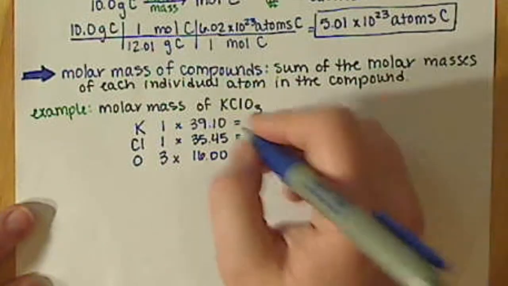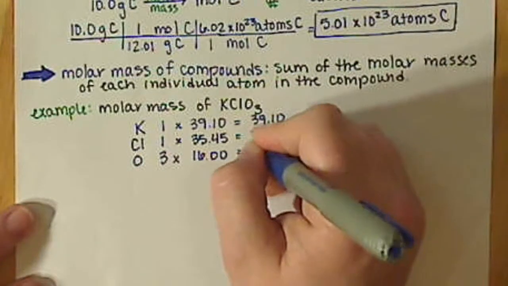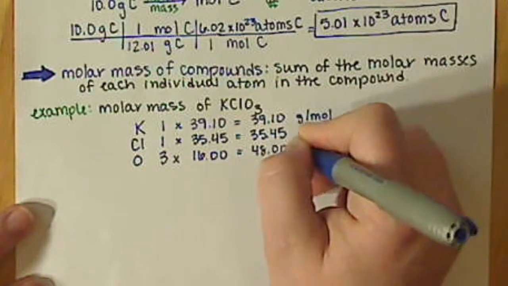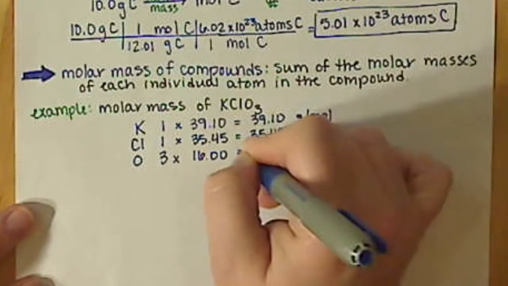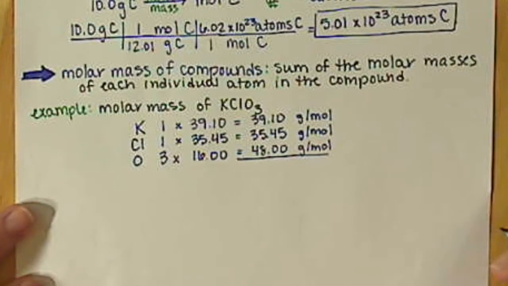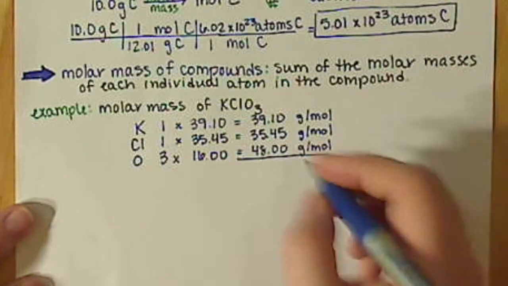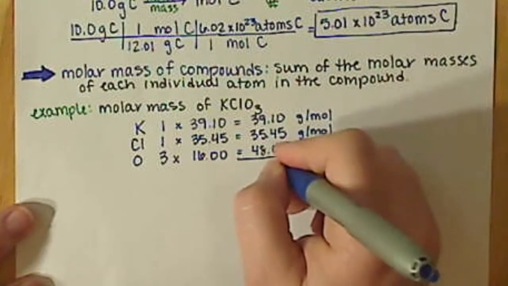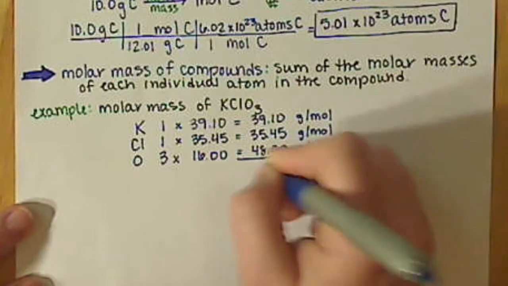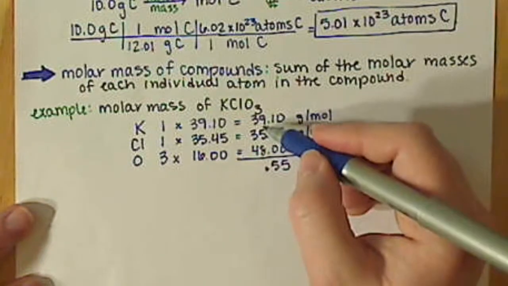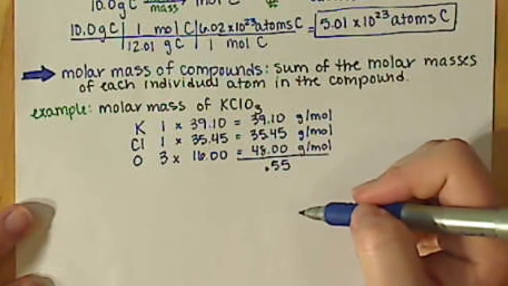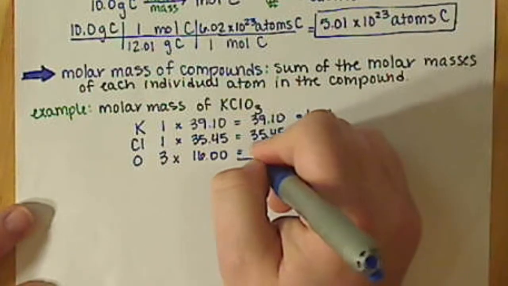And 3 times 16 is 48.00 grams per mole. We add these together. Let's see, we have 0.55 as our decimal there. 9 plus 5 is what? 14 plus 8 is 22.